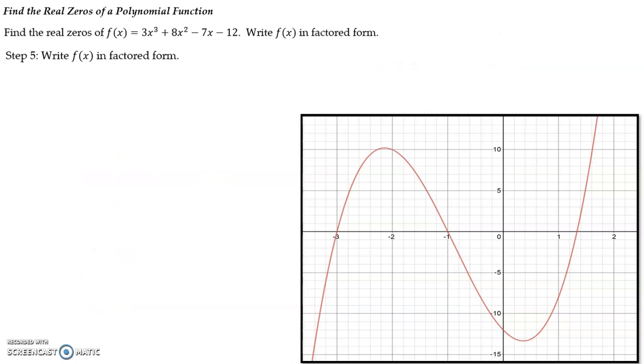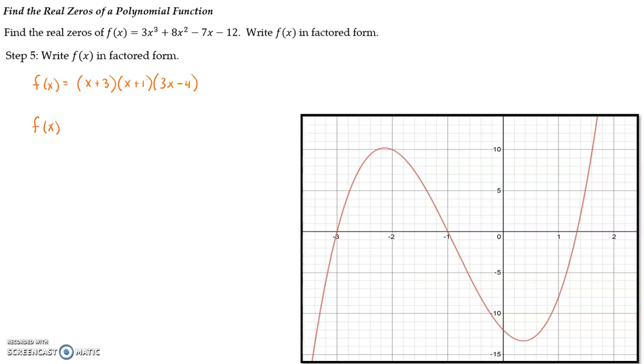And for our last step here, we wanted to write our polynomial in factored form. So this was the same thing as x plus 3. We had the x plus 1. And you had 3x minus 4. Keep in mind you actually have a couple different ways you can write this.